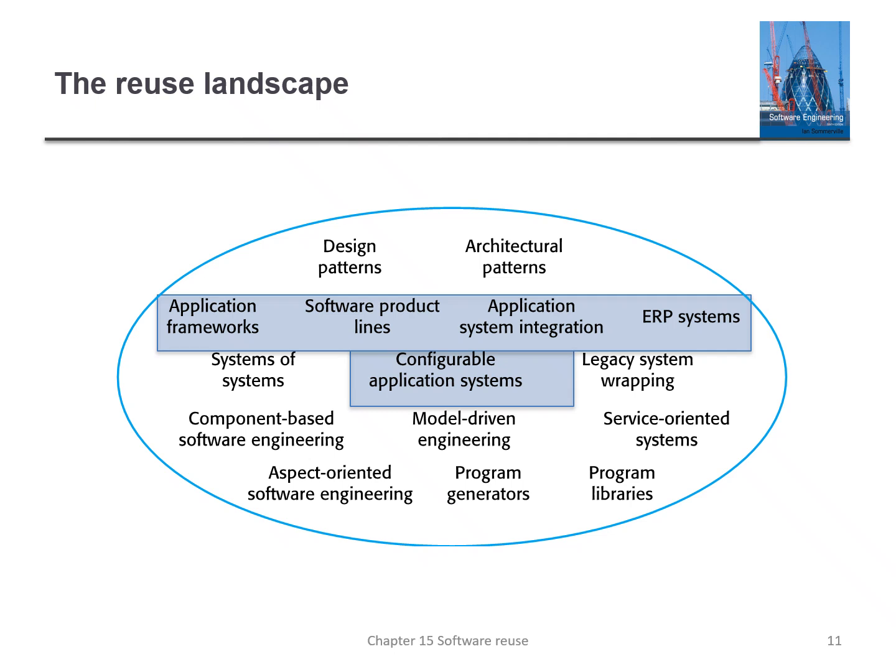For example, legacy system wrapping, component-based software engineering. These are all methods that support reuse. Program libraries, for example, when you are doing your programming, you are calling certain APIs that are available already and you are simply reusing them. And also there are design patterns, architectural patterns.